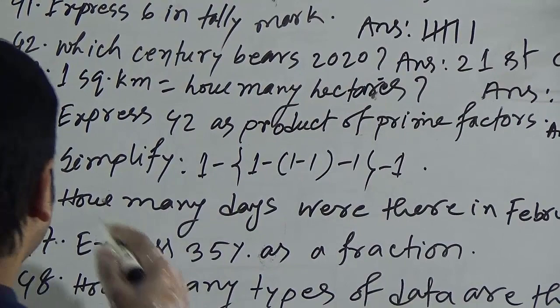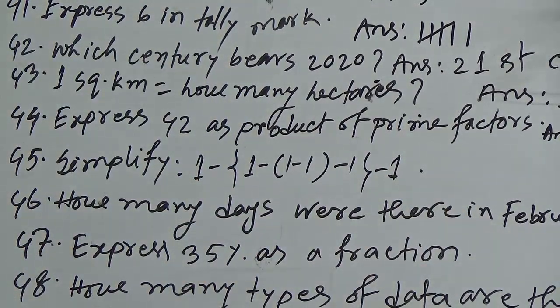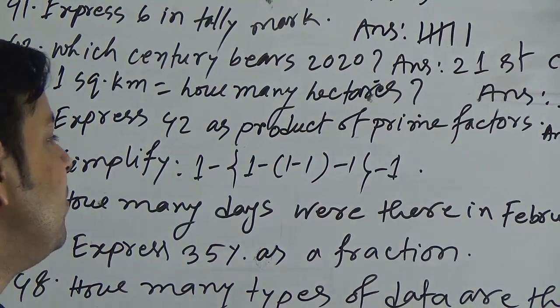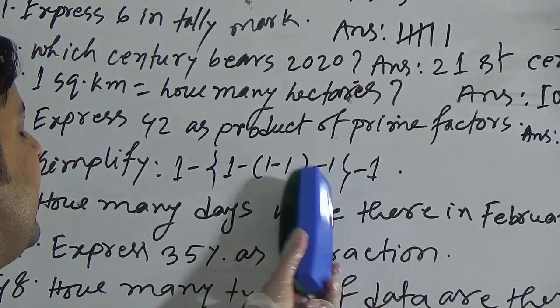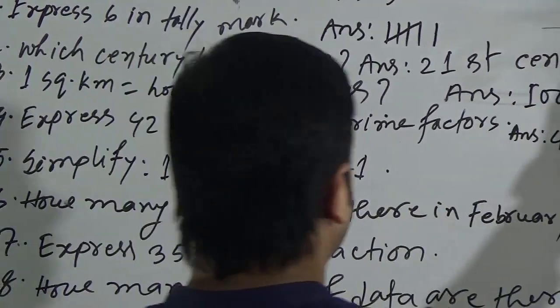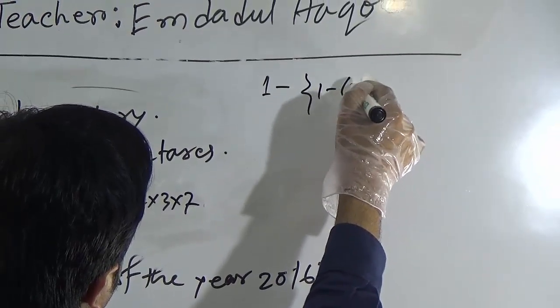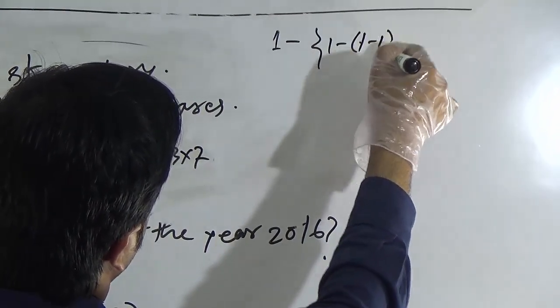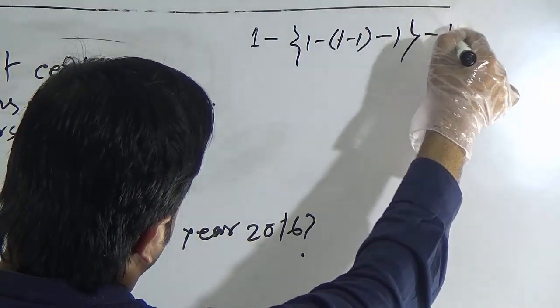Now question 45, we have to simplify this: 1 minus, second bracket, 1 minus, first bracket, 1 minus 1, first bracket closed, minus 1, second bracket closed, and then minus 1.